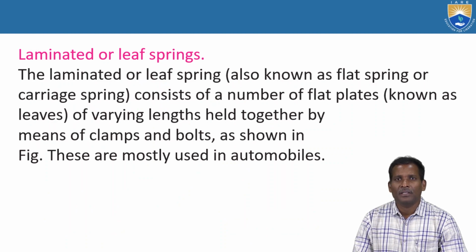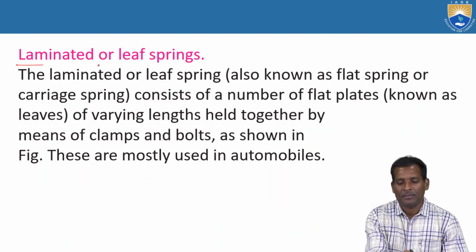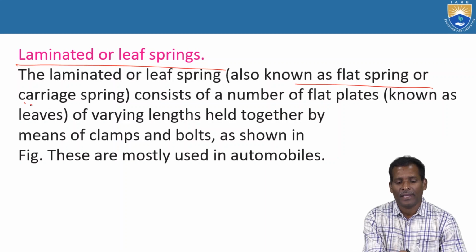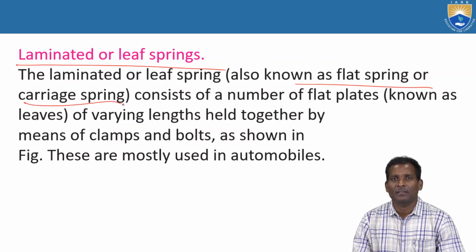Next, the third type is laminated or leaf springs. This type of spring is generally used in automobiles. Laminated leaf springs are also known as flat springs or carriage springs. It consists of a number of flat plates, known as leaves, of varying lengths held together by means of clamps and bolts.